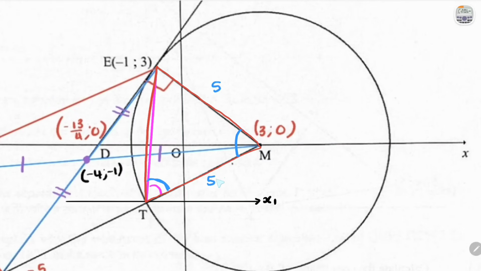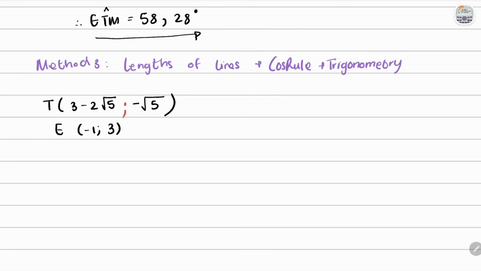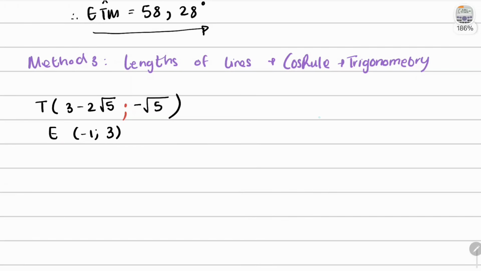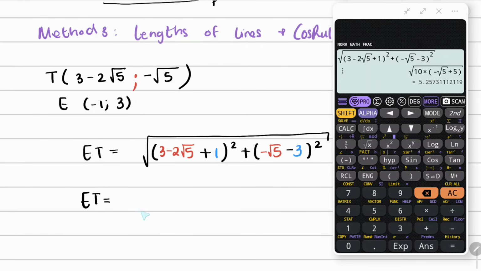You would use this, and you would also need ET. Okay, so you would have to find ET, but at least you don't have to find this angle. So we can actually just quickly find ET using these coordinates. I'll just put it down here, which would be this. So it's that square root, and then you have 10 bracket negative square root 5 plus 5.